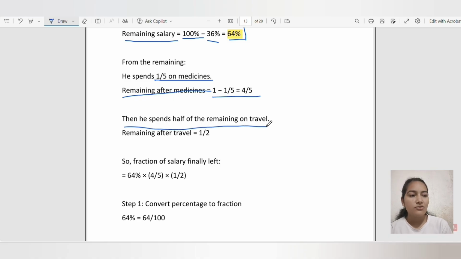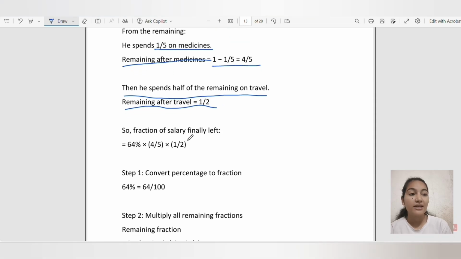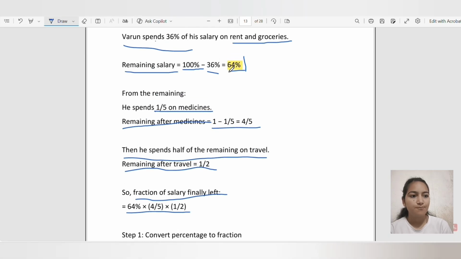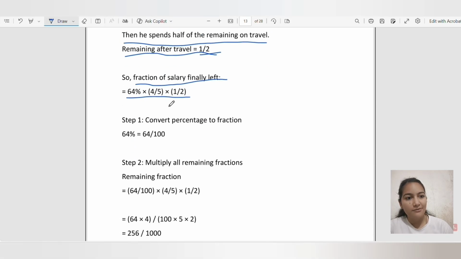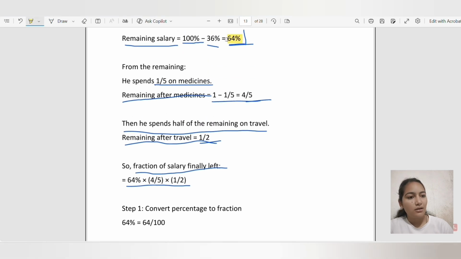So the fraction of salary finally left is 64% into 4 by 5 into 1 by 2. Because out of 100% he has already spent 36%, and we were left with 64. In this, he has already spent 1 by 5, then we were left with 4 by 5.